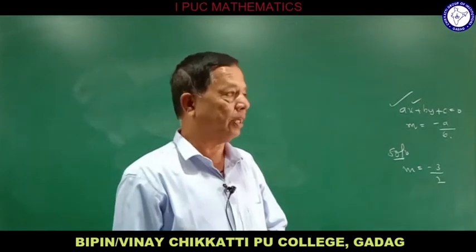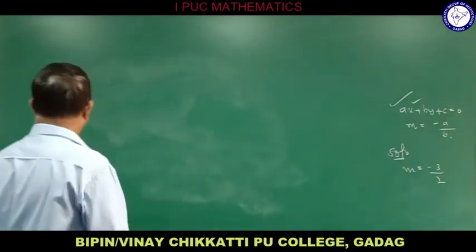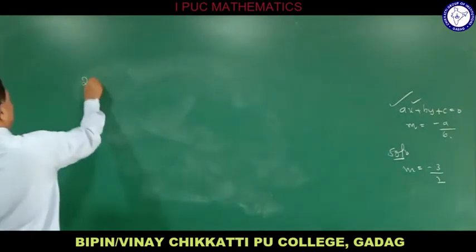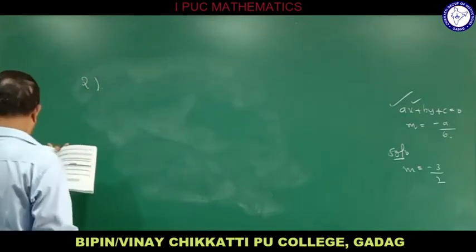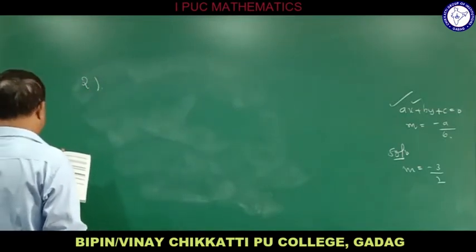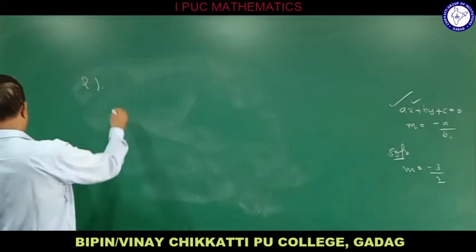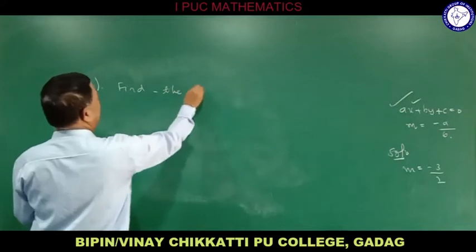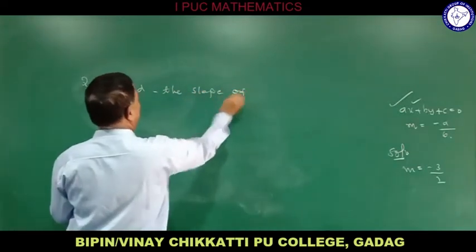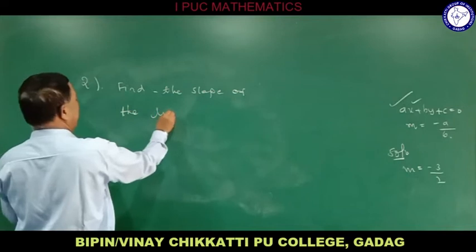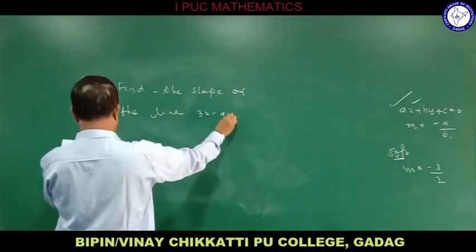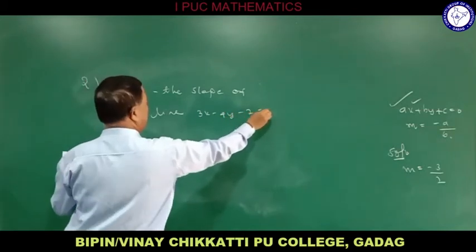Now I want to see question paper number 2. The question here: find the slope of the line. You see, the same. Of course, the question is different: 3x minus 4y minus 2 is equal to 0.